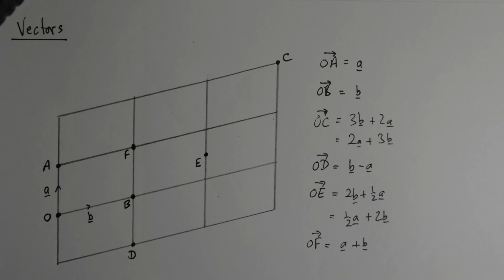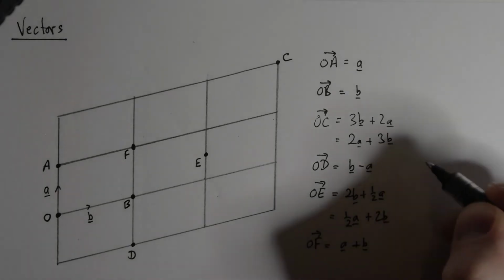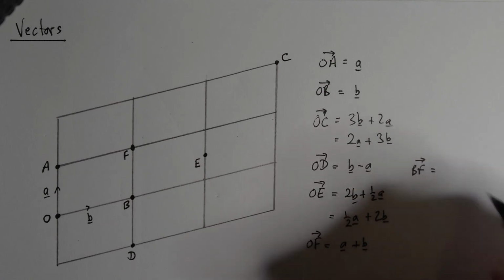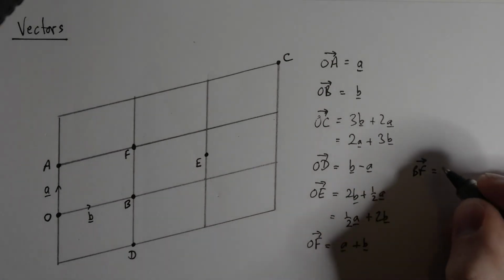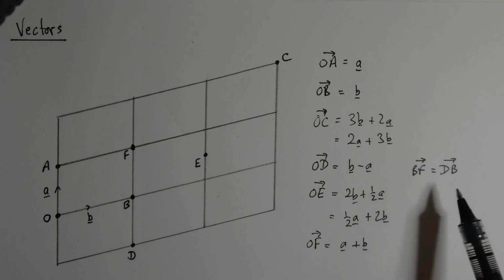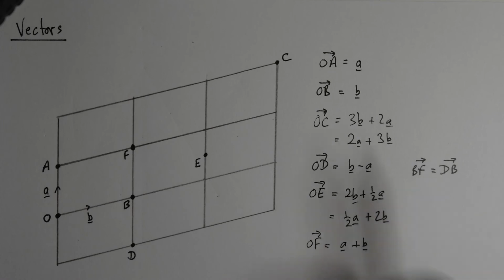I could say things like, this would be a true statement, I could say that BF is the same as DB. As far as the journeys are concerned, that's exactly the same vector movement, it's the same jump. Now, of course, doing DB and doing BF are different journeys.